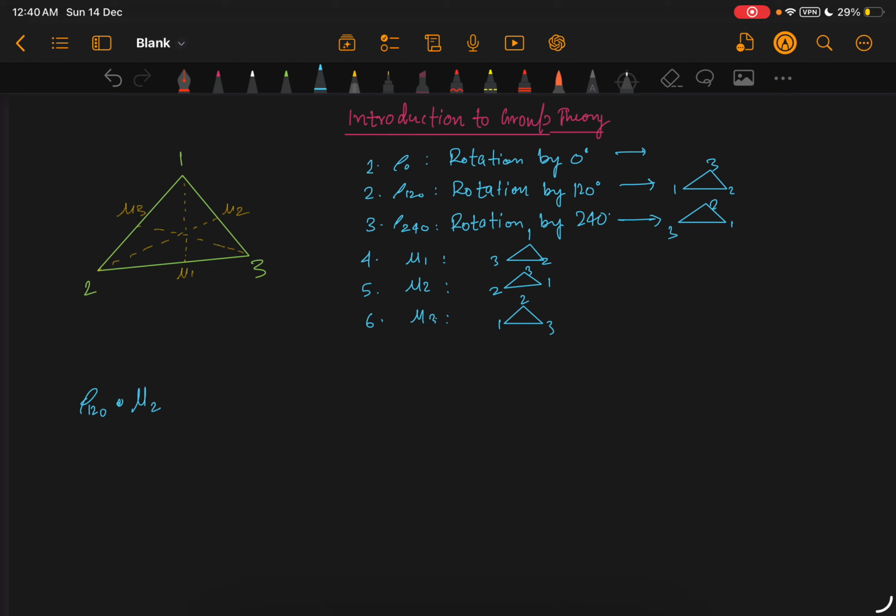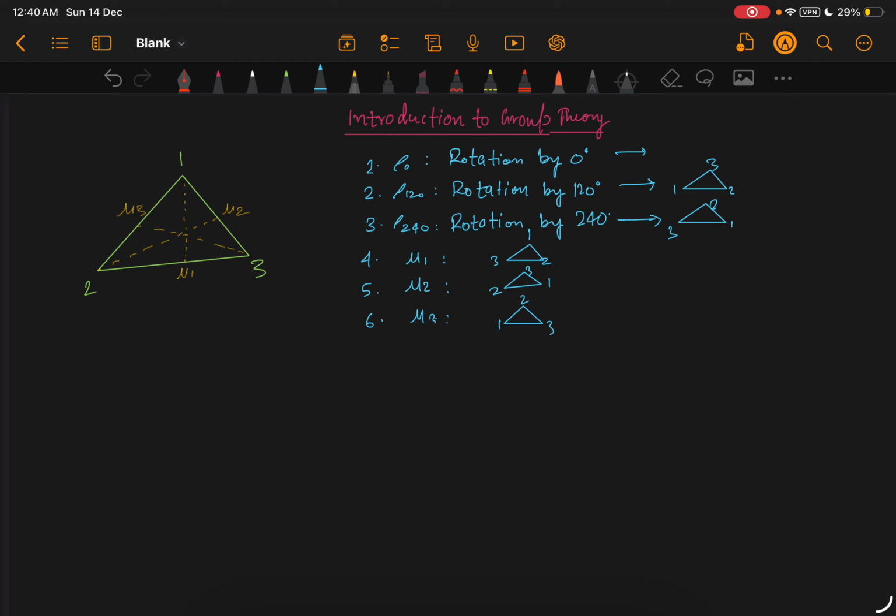It's nothing but applying nu 2 first to this equilateral triangle 1, 2, 3, and then applying rho 120 to the resultant triangle. It's simple, nothing new to you. It's just a composition of functions.